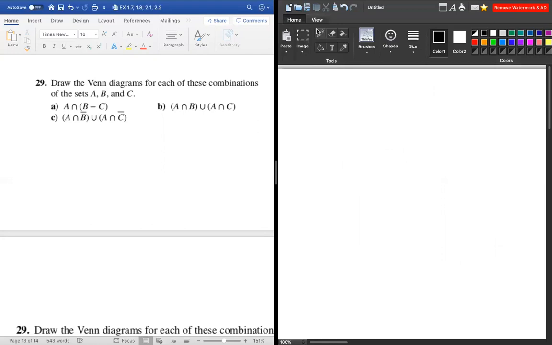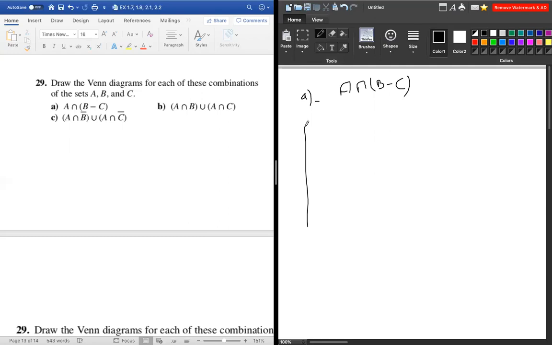Okay. So here we have this set composition A intersection B minus C. Okay, so we have to draw the Venn diagram.